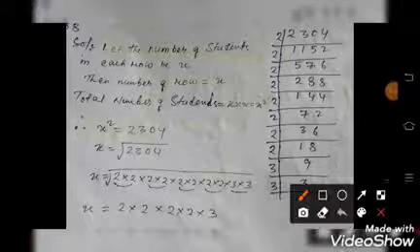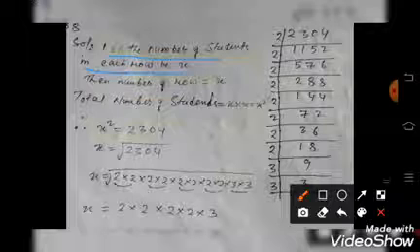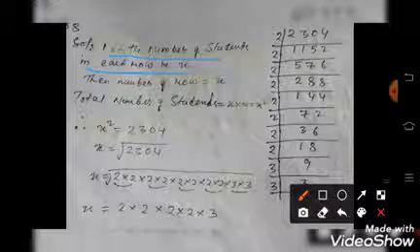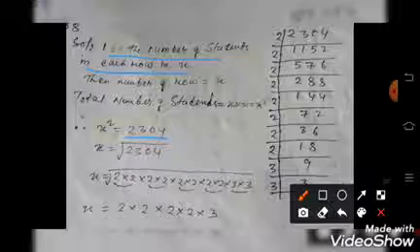So here we will do like this. Let the number of students in each row be x. We know the total number of students is 2304, but we do not know the number of students in each row.